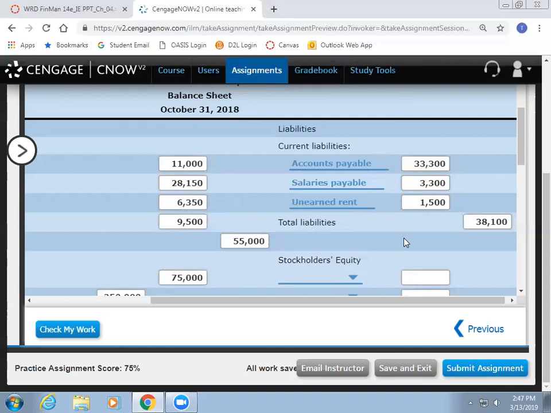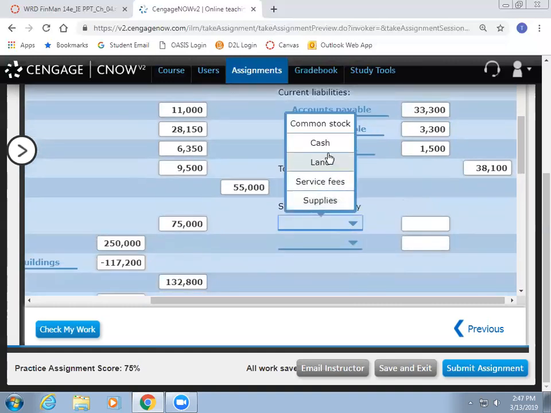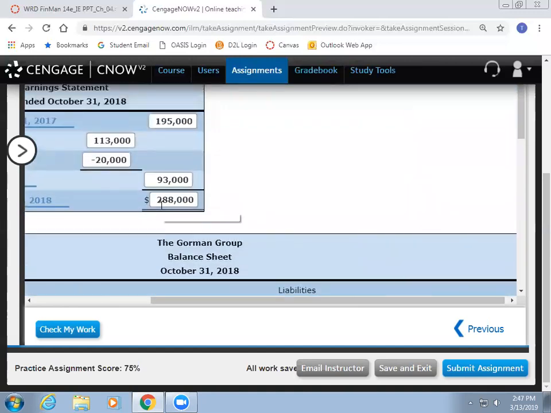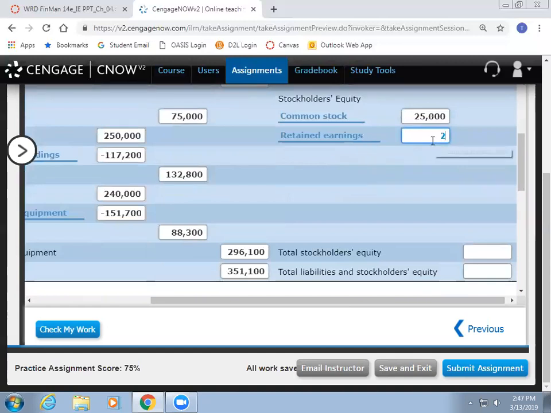And then under equity, we have common stock, and that is 25,000. And retained earnings. This retained earnings comes from our retained earnings statement. So it's the 288,000.